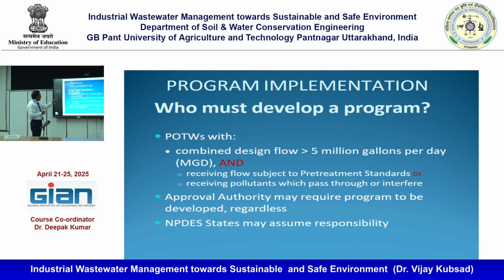Combined design flow 5 million gallons, receiving flow subjected to pre-treatment standard, receiving pollutants which pass through and interfere. Approval authority may require program development regardless. That means they should be capable of accepting the industrial wastewater also.